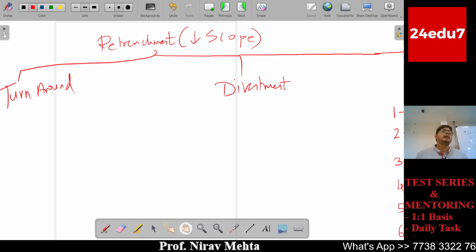Divestment you will write in R1. And liquidation you will write in R2.